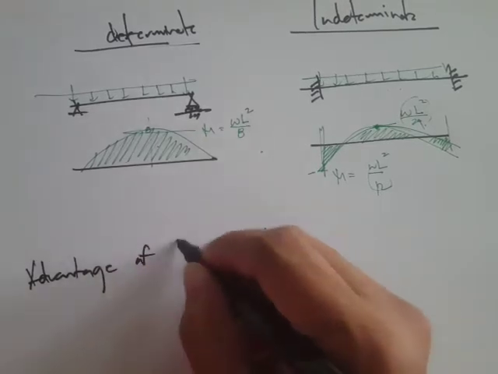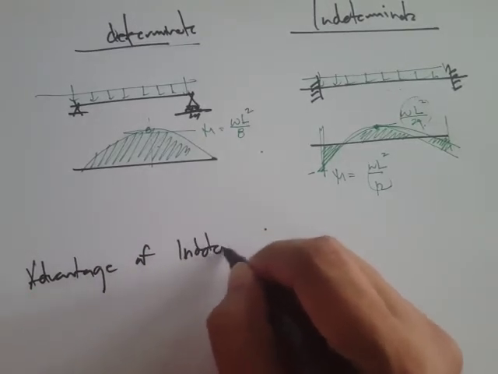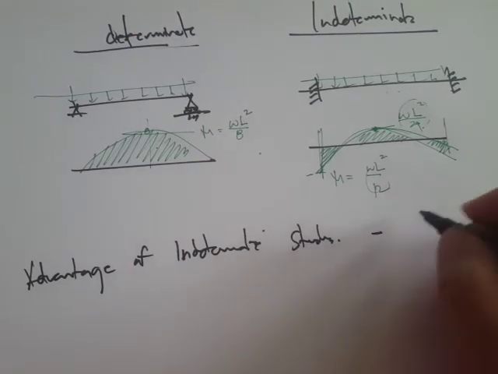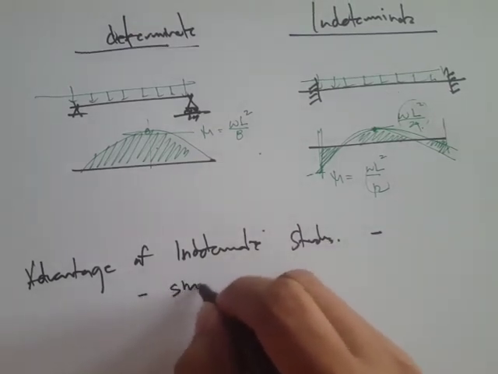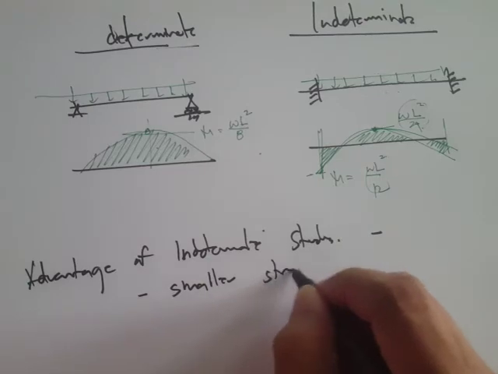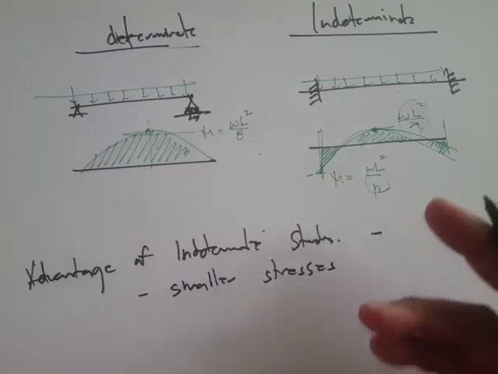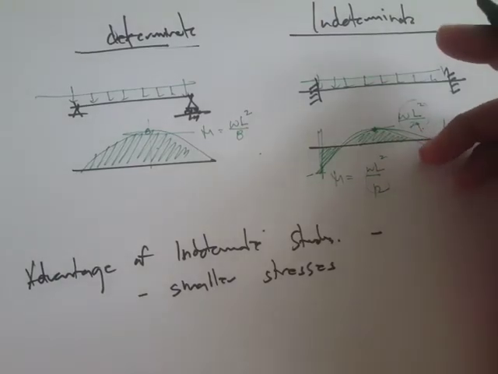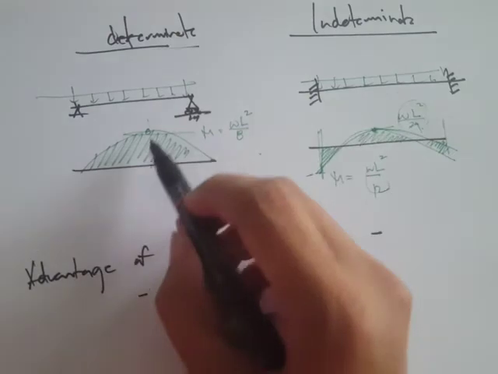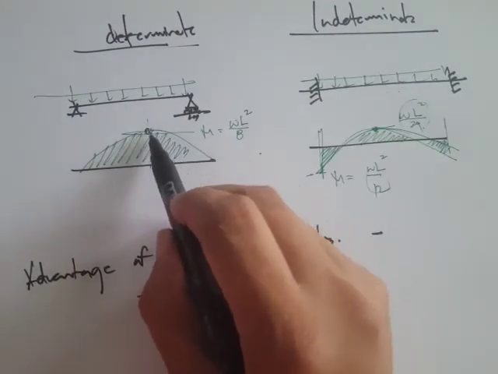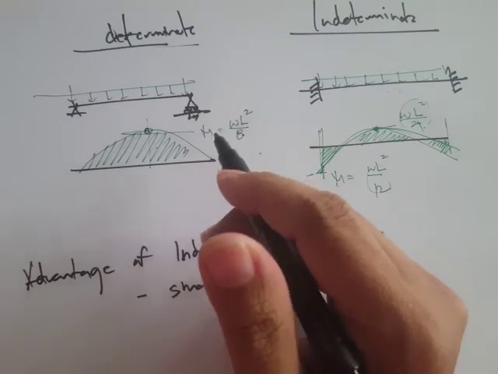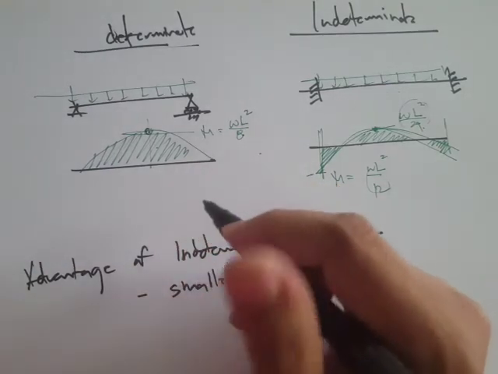we have the advantage of indeterminate structures that we have smaller stresses. So meaning that if we design a beam, let's say a reinforced concrete beam, we need to take the loadings, then the size, if we base on this value of the moment, we will have a larger beam.